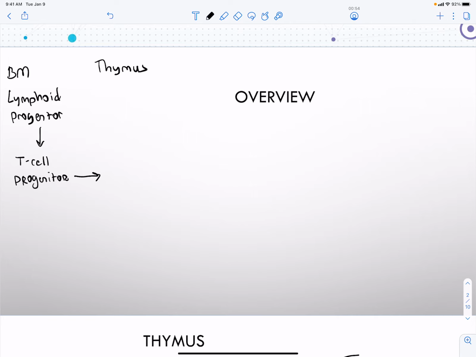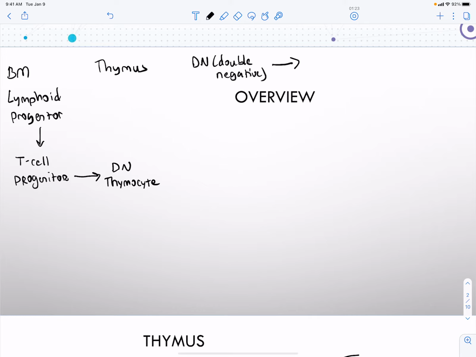And in the thymus, it is known as a double negative thymocyte. Now, what does double negative mean? Now remember, we have two types of T cells, a CD4 T cell and a CD8 T cell.